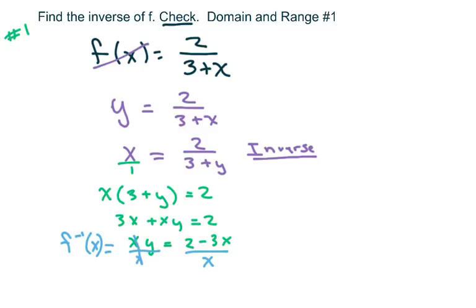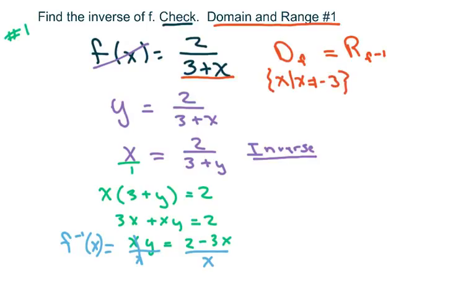Now, in my previous videos, we already discussed this. The domain of f equals the range of f inverse. So basically the domain of f, we can look here, it's all real numbers. However, x cannot be -3.